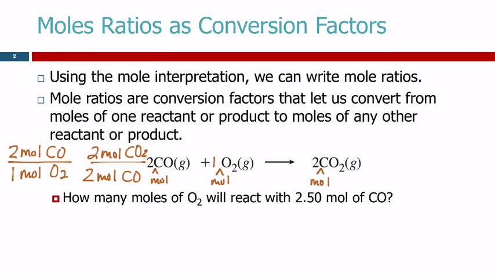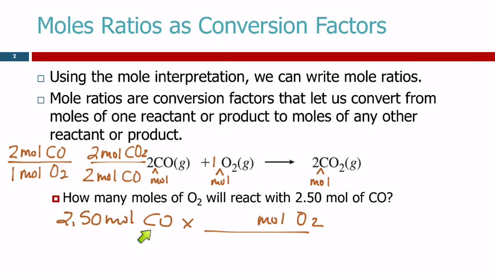Well, we're going to use dimensional analysis here. We've got 2.5 moles of carbon monoxide. And we want to know how many moles of oxygen. So the unit we want is moles of oxygen. And we want to get rid of this unit, moles of carbon monoxide.